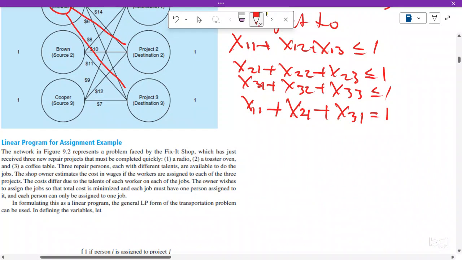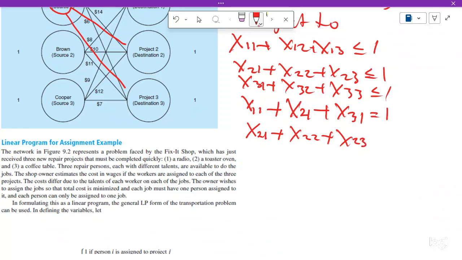Then we are at x21 plus x22 plus x23 equals 1. So it's more of the opposite of that.